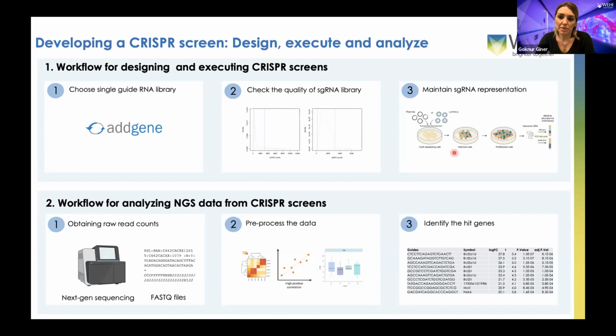So you design your experiment to achieve that, and you apply your drug treatment or whatever your experiment is, and then you sequence your data. And it comes to us, computational biologists. And this is the second workflow where we analyze this data.